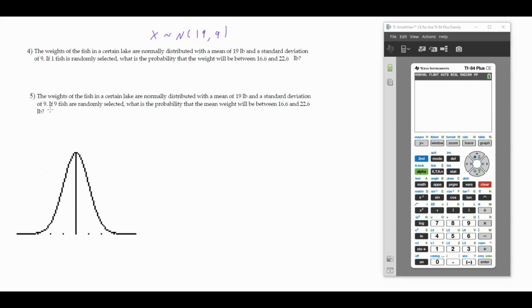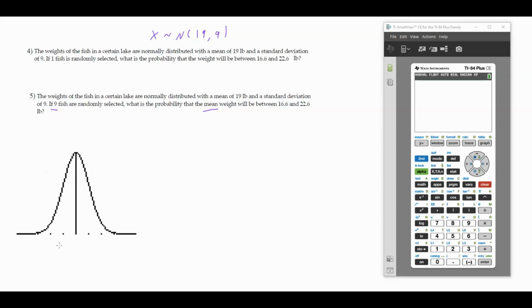But notice in number 5, it says if 9 fish are randomly selected, what's the probability the mean or average weight? So if you look at 4 and look at 5, they're very similar, but in number 5, you're talking about the probability of an average or a mean of a selected amount, whereas in number 4, it's just 1 fish.